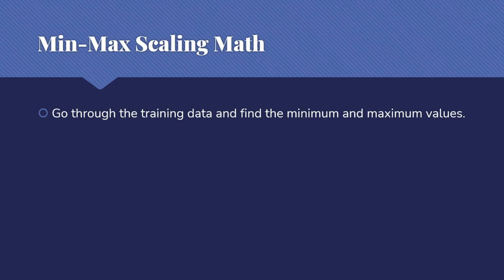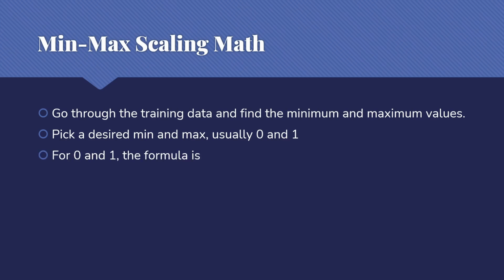We're not going to touch our validation or test data. We want to keep those separate from the whole training process, including this part. We're going to find the minimum value and the maximum value. Then we're going to pick a min and max, typically 0 for the minimum, 1 for the maximum. Math gets a little bit more complicated if that's not what you choose.